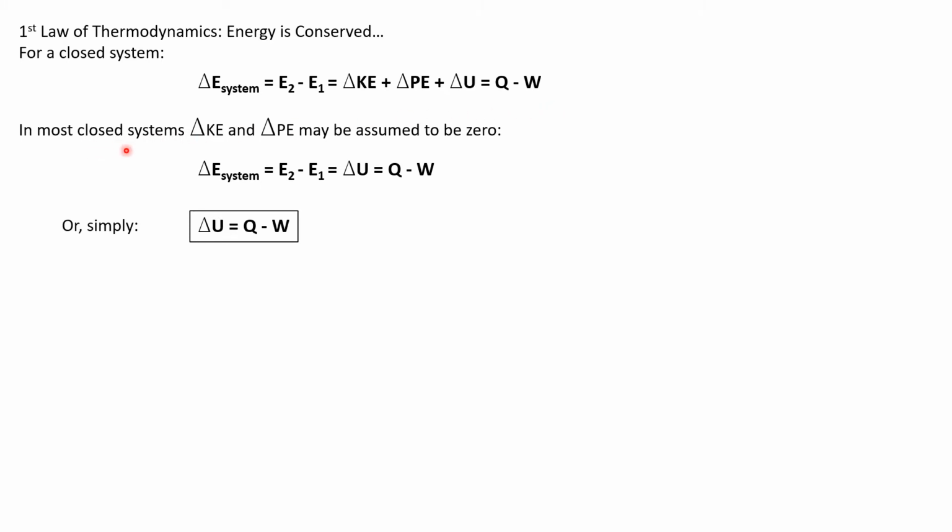Now in closed systems, generally, and certainly in case A here, delta KE and delta PE will be assumed to be 0.